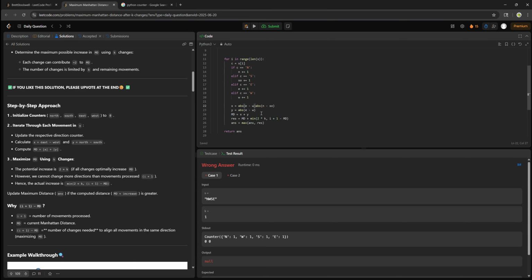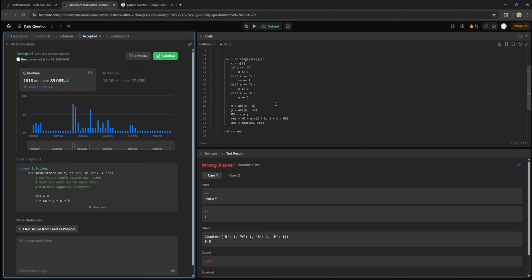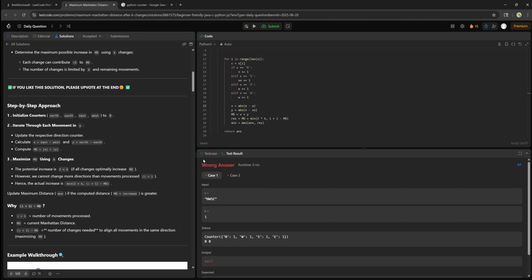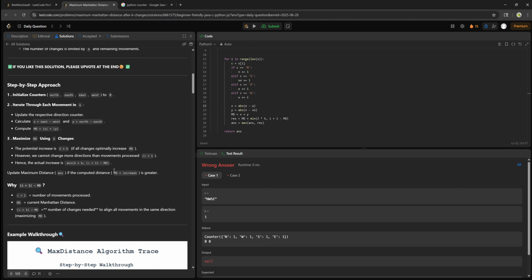Does it work the other way around? Yeah, it does. I don't know why it had X being the vertical directions, but sure. Oh, they had it right here, just not in the solution.